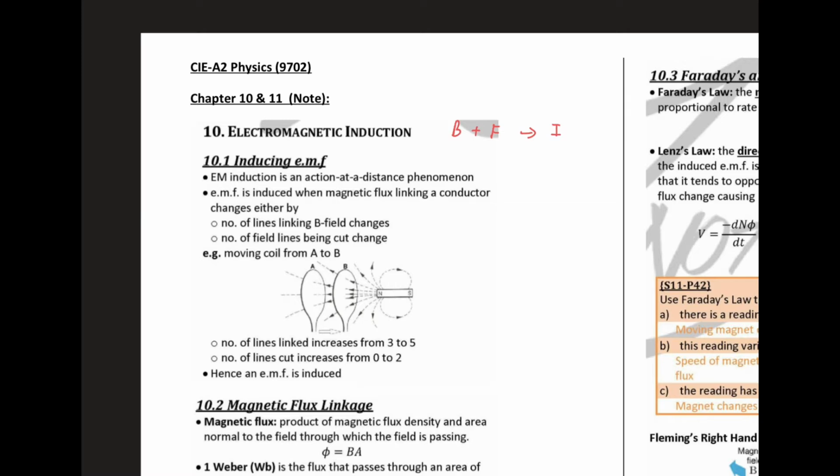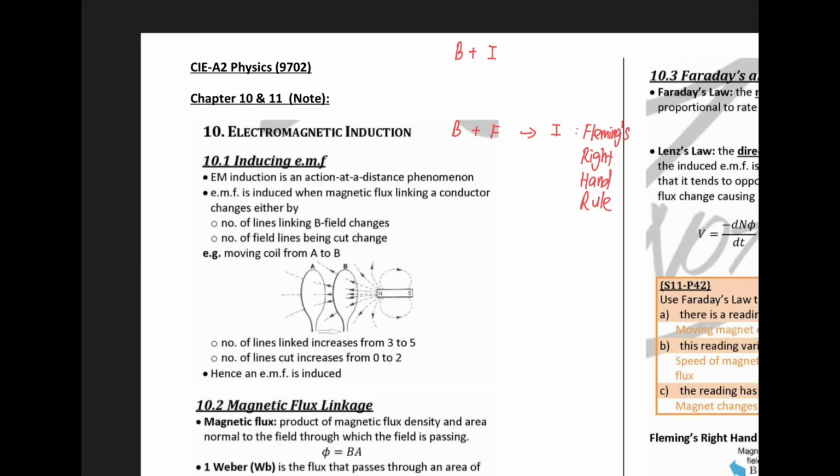So this one we use Fleming's right hand rule. What we learned previously in chapter 9, right? So we have magnet, we have currents in the conductor.